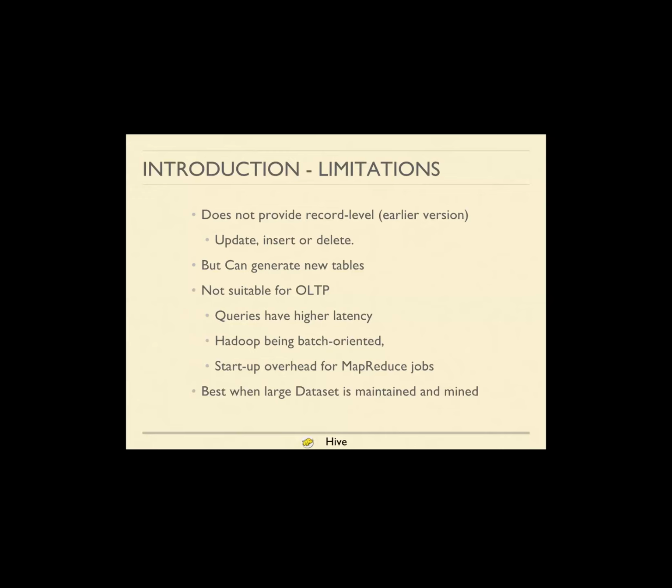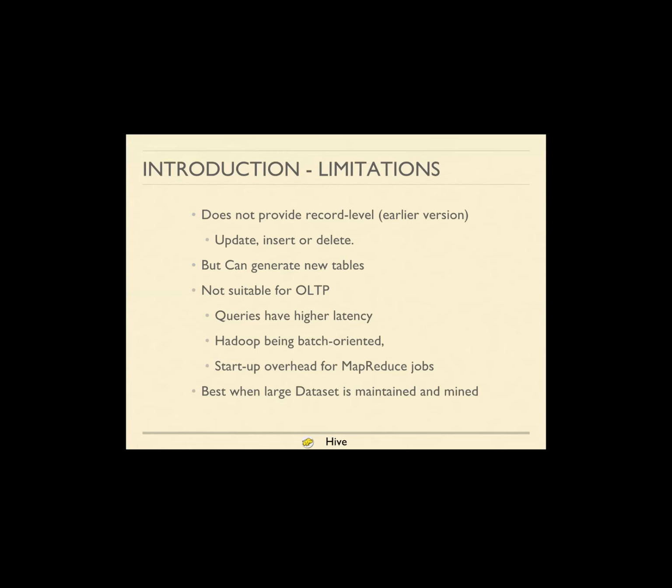It's not suitable for OLTP, where queries have higher latency. OLTP stands for online transaction processing. It is not suitable for OLTP because, as you must have seen by now, whenever we execute a MapReduce job, it takes some time to get executed.